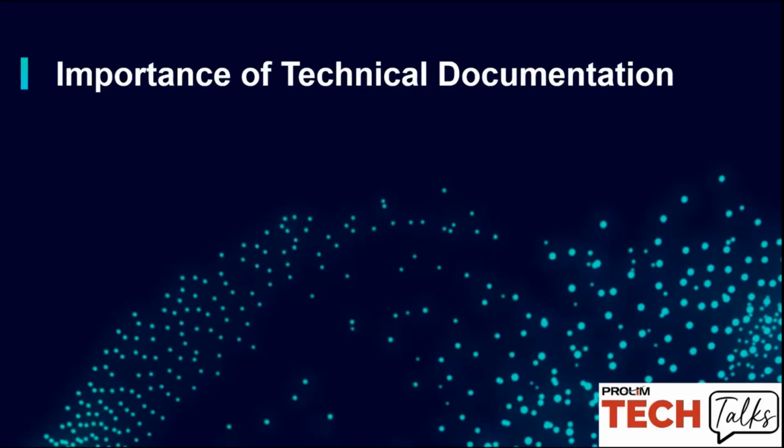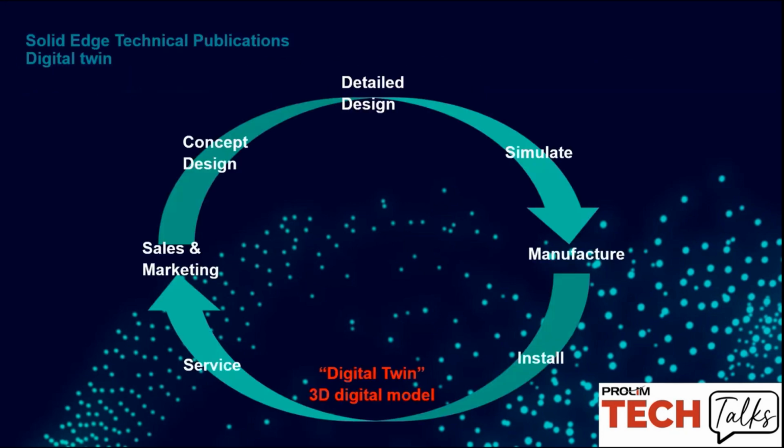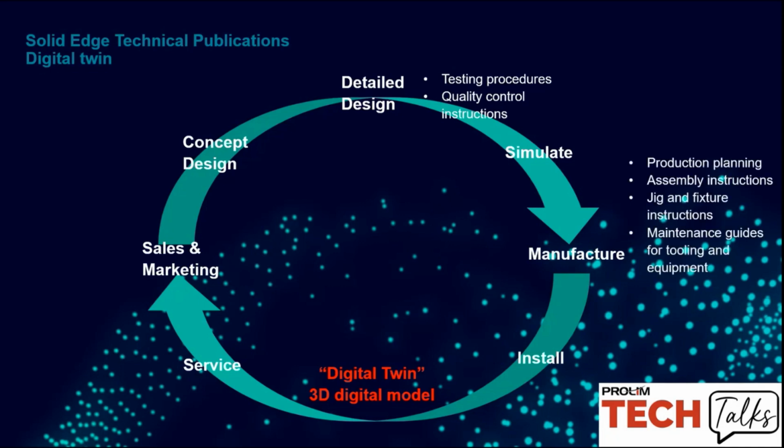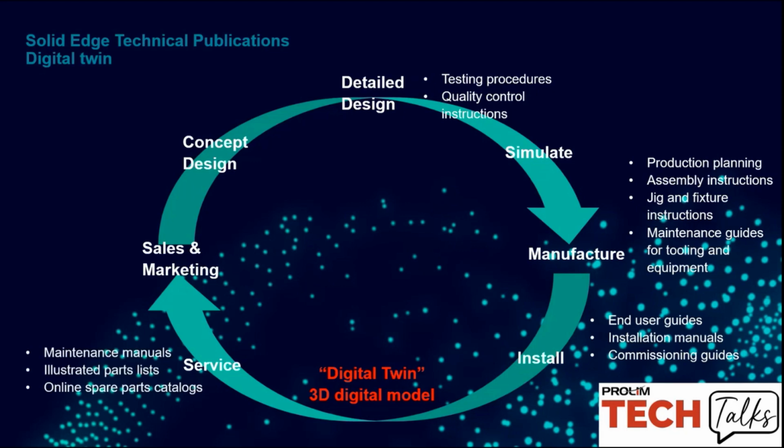Accurate technical documentation is the key component of the digital twin. Solid Edge supports the creation of a digital twin of a product. This is not just a 3D CAD model of a product, but instead a rich definition of the product, including detailed design data, simulation results, manufacturing instructions, installation and end user guides, and sales and marketing materials.